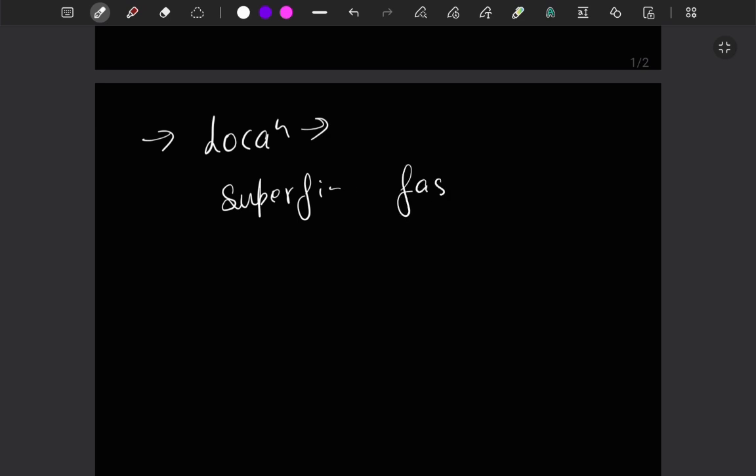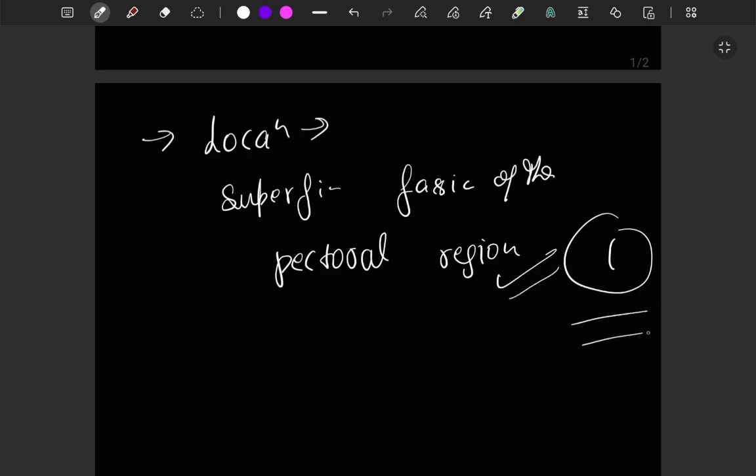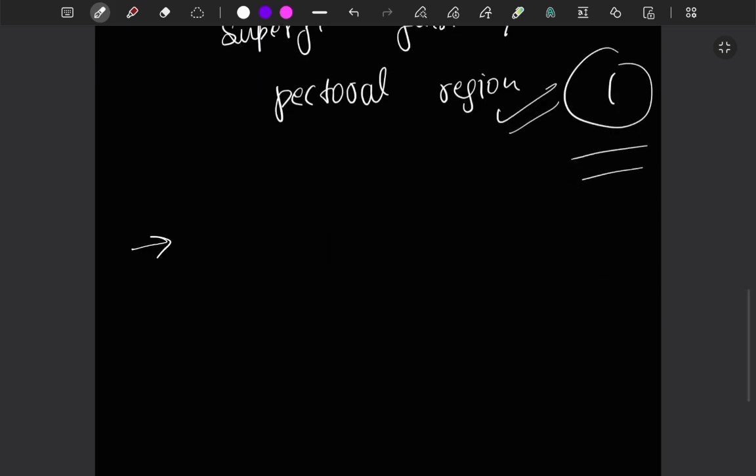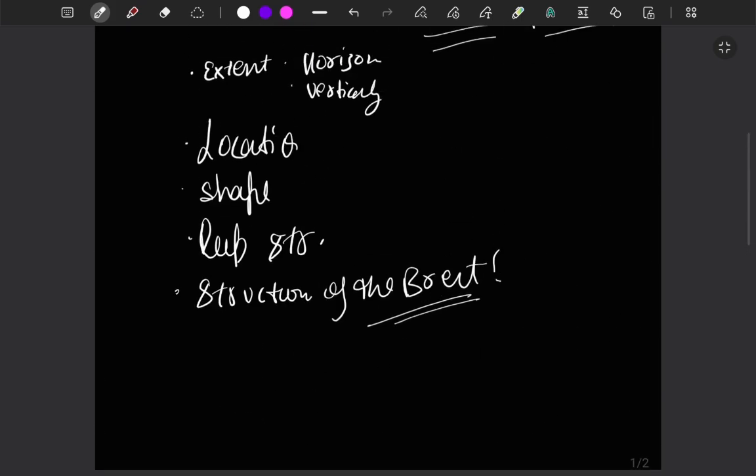Let's go with the location. It is present in the superficial fascia of the pectoral region. 1 mark. Then comes the shape.